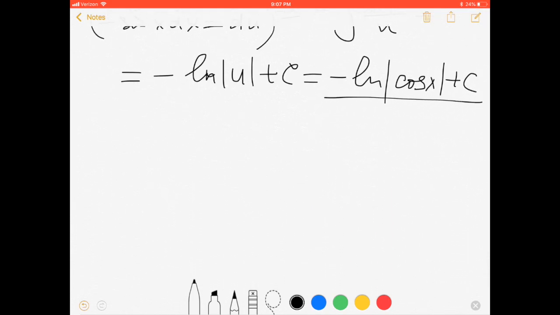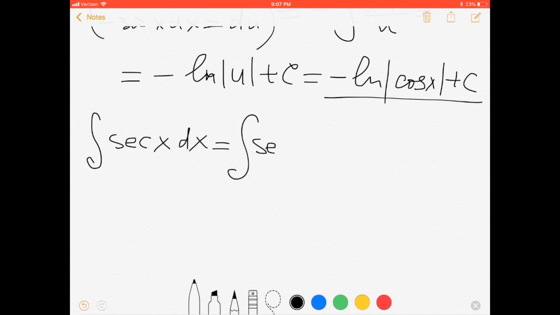See one more example: the integral of secant x dx. Here we need something a little bit more complicated. I have the function secant x, and I multiply and divide by the same thing, which means multiplying and dividing by secant x plus tangent x.